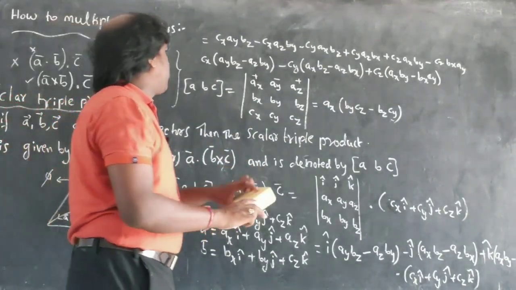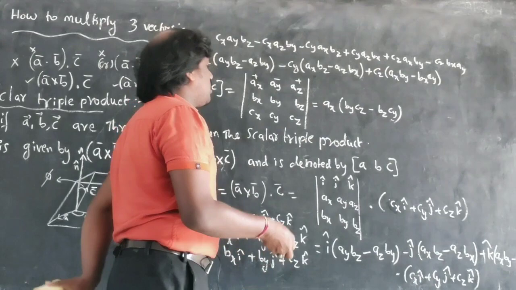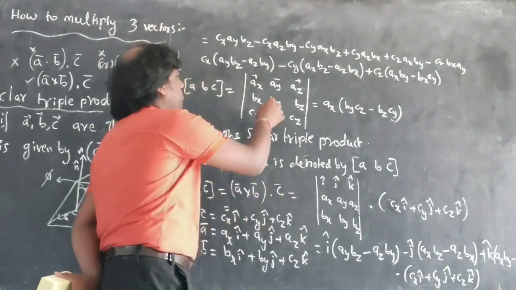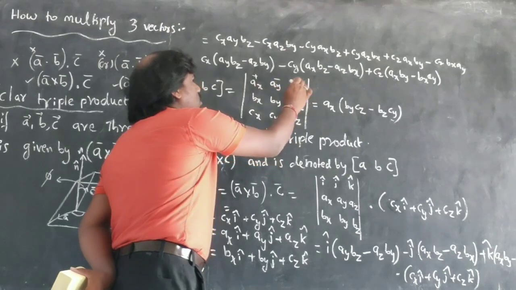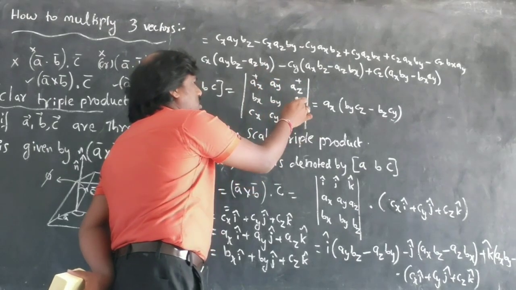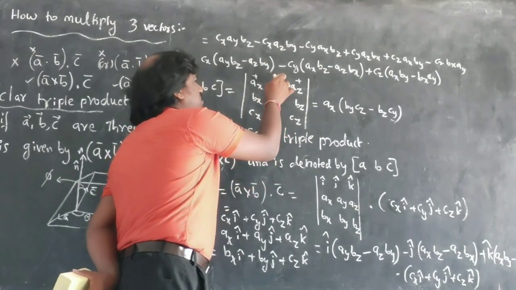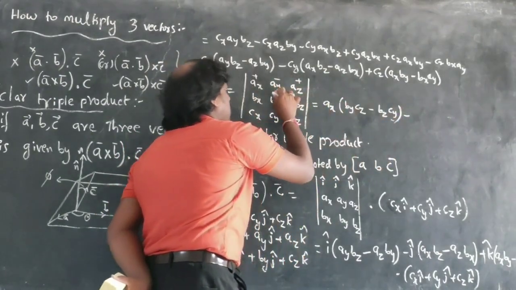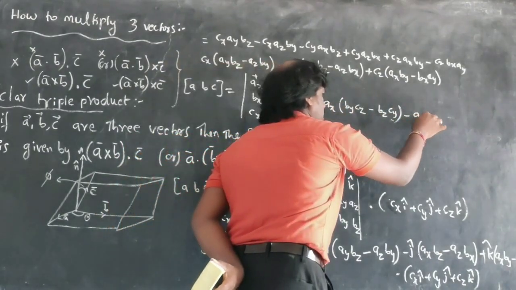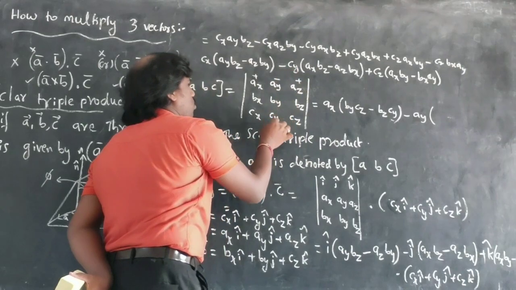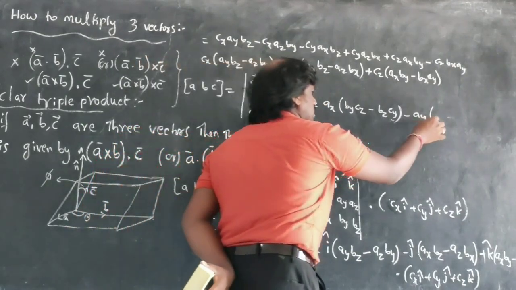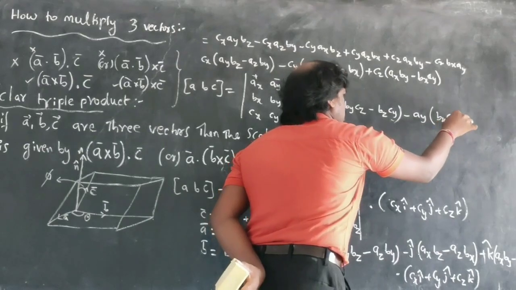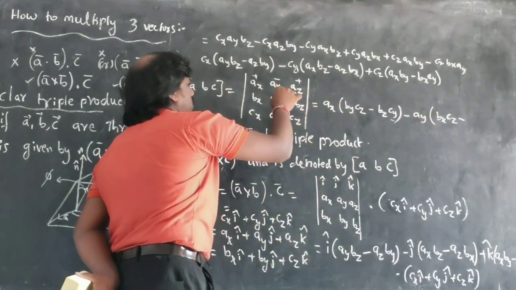How to do the determinant of the matrix? So here, see, we write AX, whatever number is there that I write, and we close its row and column, and cross multiply. And then we take minus, okay, then we write AY, then we close its row and column, then we multiply BXCZ minus BZCX.